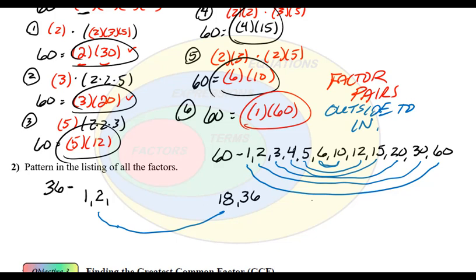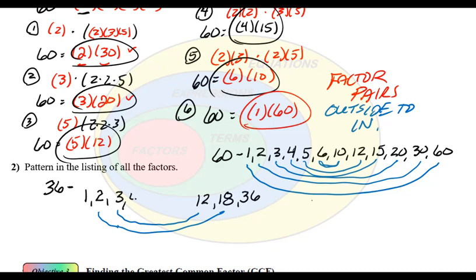So I'm reading the list knowing, how about 3? Is 3 a factor of 36? Does 3 go into 36? And if it does, then its factor pair would be the next largest or next smallest. 3 goes into 36 12 times, so 3 and 12 would work.